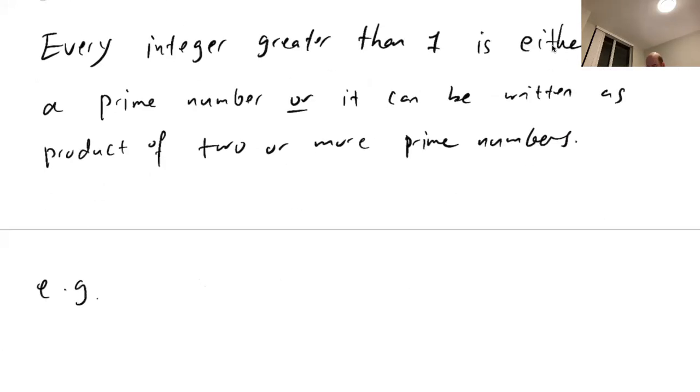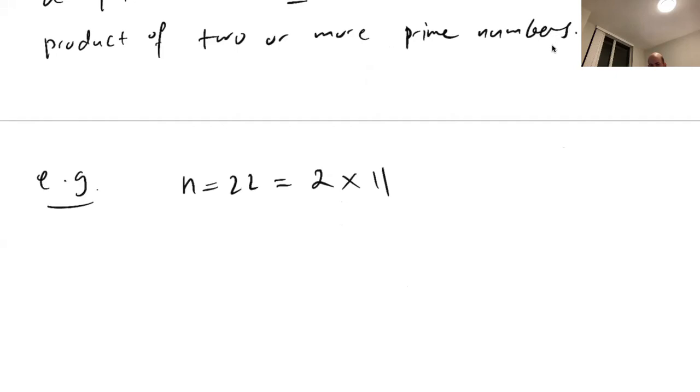So for example, let's say 22. I can write it as 2 times 11, product of two prime numbers. Or let's say, for example, 50. 50, I can write it as 5 times 5 times 2. Product of 3 prime numbers. 2 of them are the same, but that's okay.